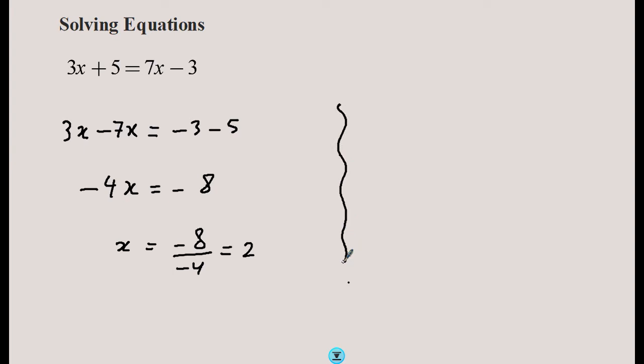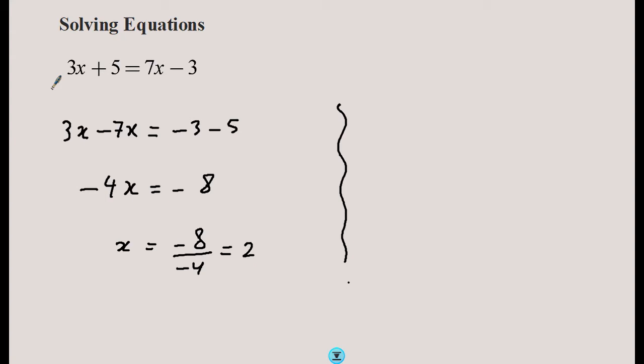I know that I want to collect the x's on one side and the constants on the other, but I think to myself that if I move the 7x term to the left hand side, I will end up with a negative x term. So I may decide to move things in a different way. I may decide to put the constants on the left and the x terms on the right.